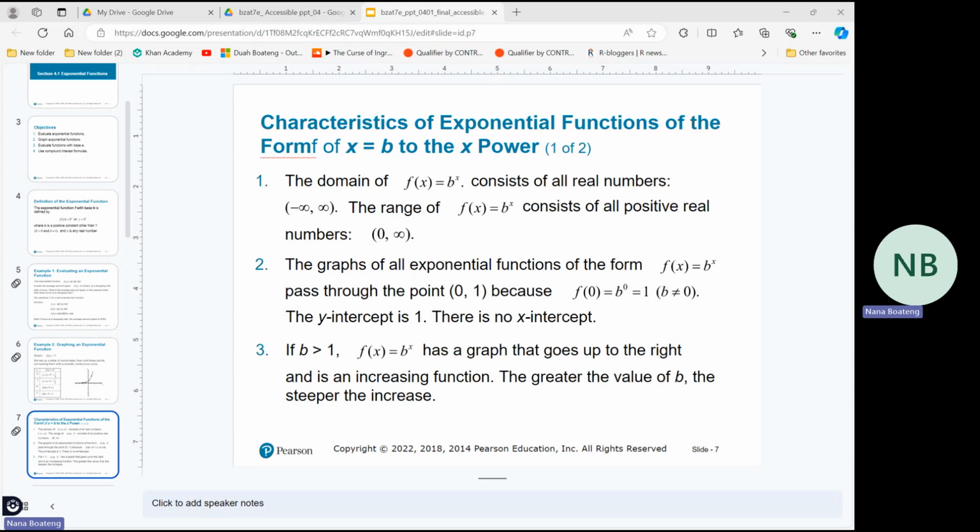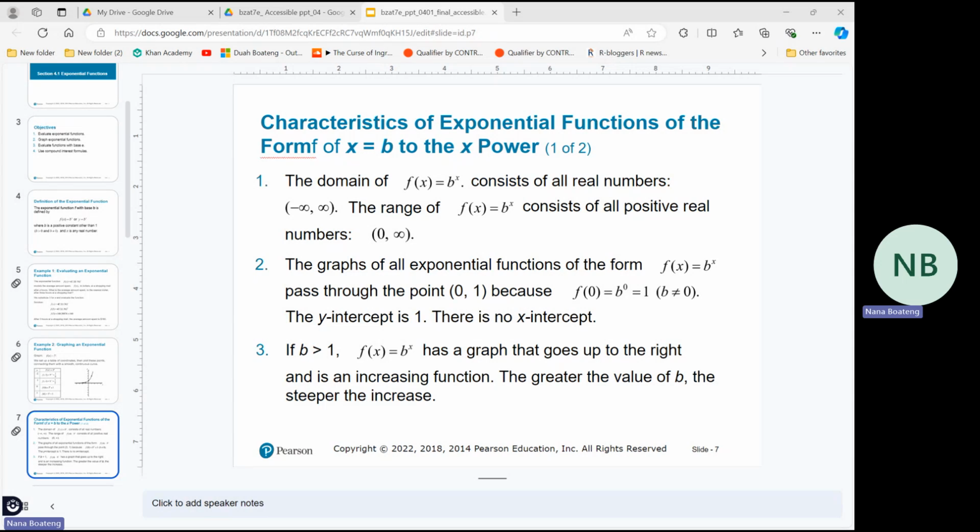The range of an exponential function goes from 0 to positive infinity because when the value of x is 0, you get a 1. When the value of x is negative, you get very small positive numbers.